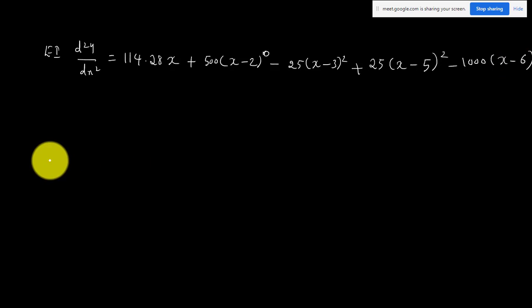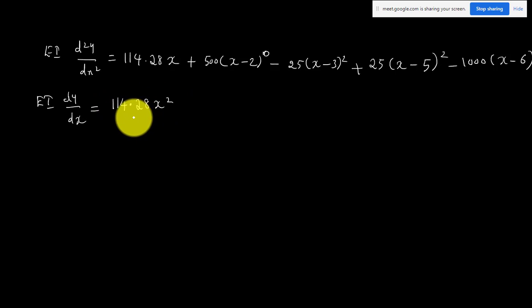We can first do the integration with respect to x. So this will become EI dy by dx. Here you don't need to worry about the integral of (x minus x0) raised to n, whatever the power is, 0, 1, 2, 3, whether it is x minus 2 or x minus 3.